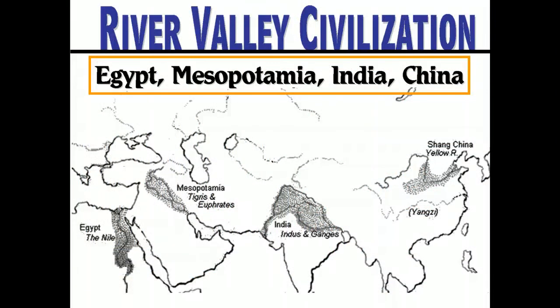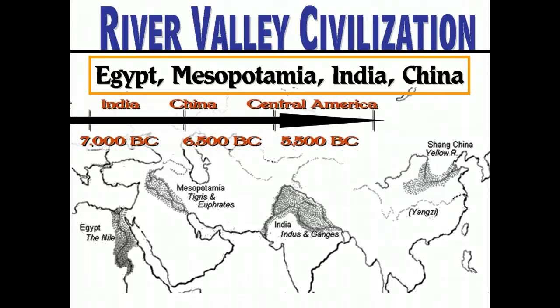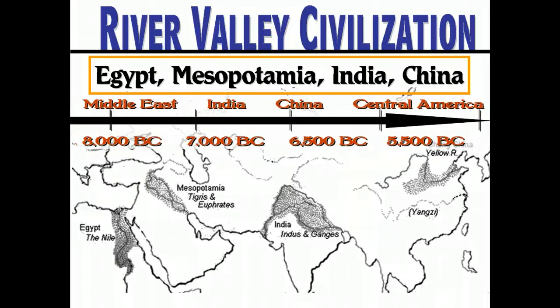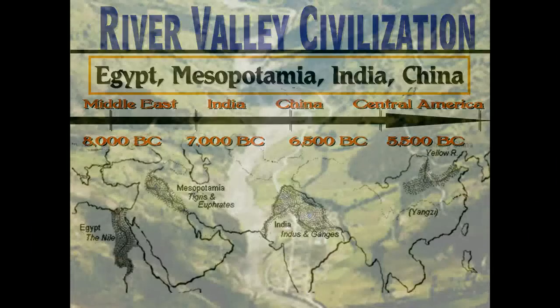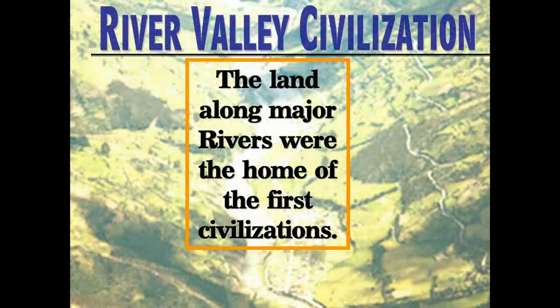Now, all of this together, for the most part, takes place in what we call the River Valley civilizations. In Egypt, we're talking about the Nile. Mesopotamia, we're talking about the Tigris and the Euphrates. Then India, we're talking about the Indus Valley.